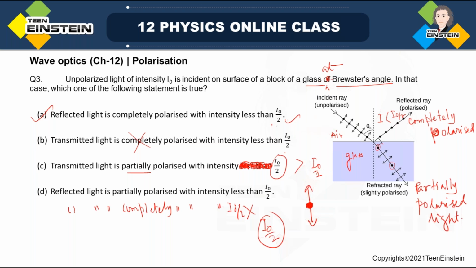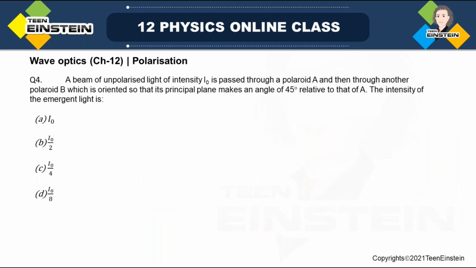So that's why it will be greater than I0 by 2, and so it is not correct. Partially polarized is fine, but intensity I0 by 2 is not correct. It must be greater than I0 by 2. I have already discussed this fourth option. So we have got the first option to be correct. We'll go to the next question.